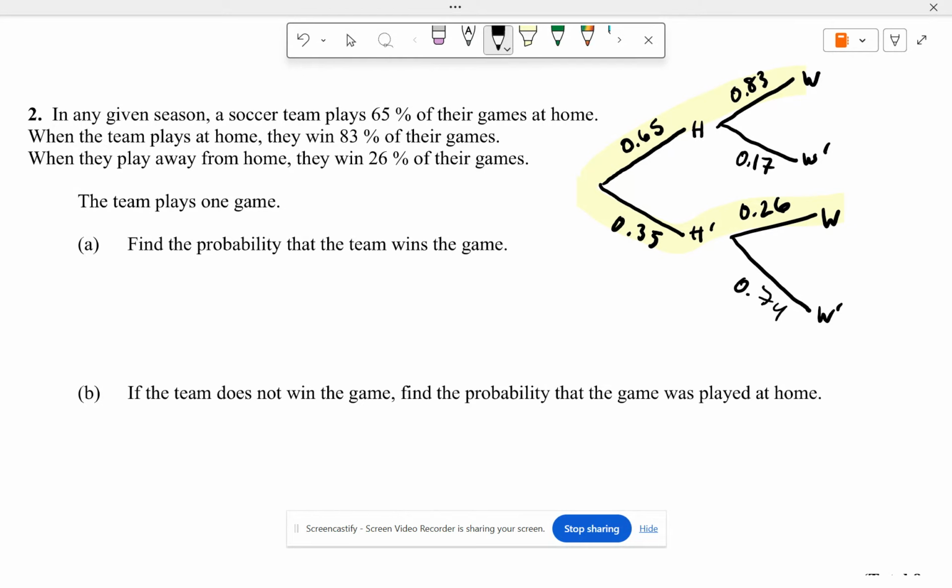Okay, so what do we do? Multiply across and then add different branches. Okay, cool.